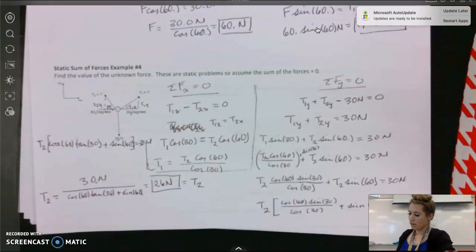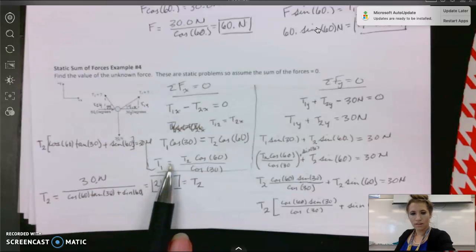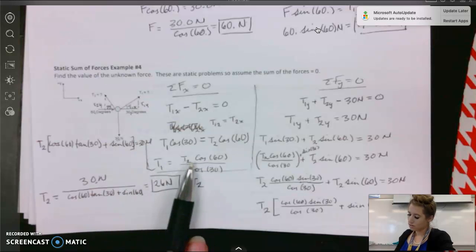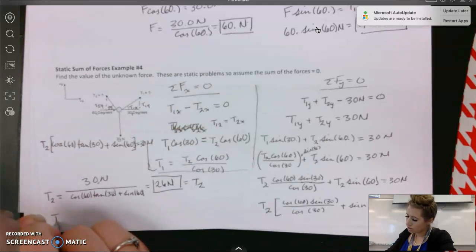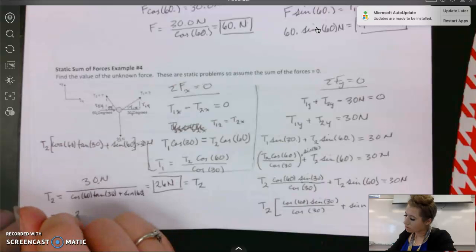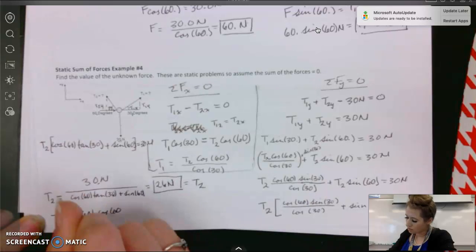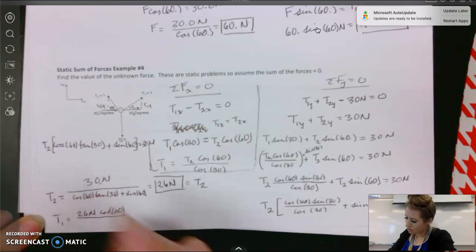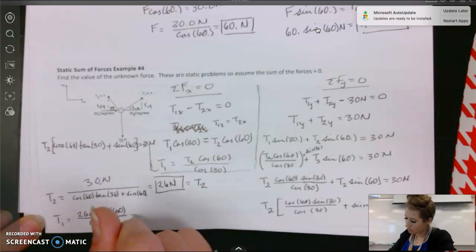And then we have this equation right here of T1 is equal to T2 cosine 60 divided by cosine 30. So how about I take my T2 and I plug it in right there. Okay? So T1 is equal to 26 newtons cosine 60 divided by cosine 30.